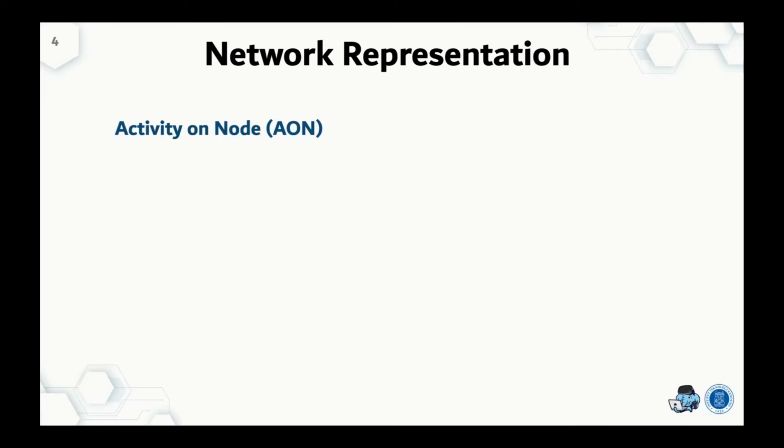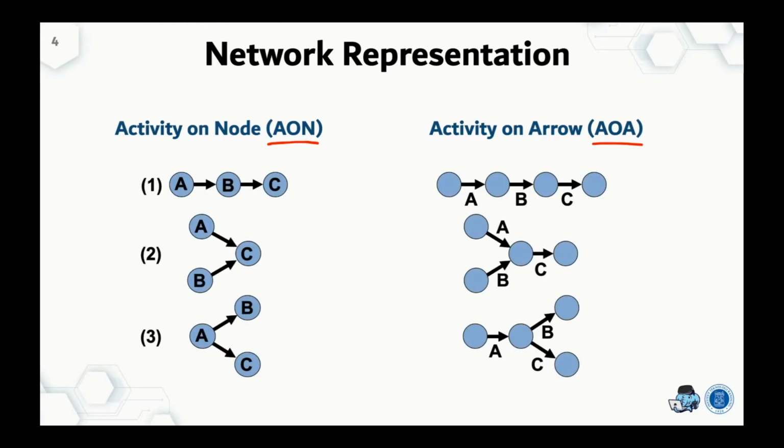How do we represent a network in the project? There are two ways of representing the network in a project: activity on node and activity on arrow. These two figures illustrate the difference between the two representations.